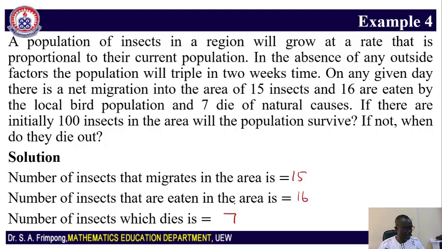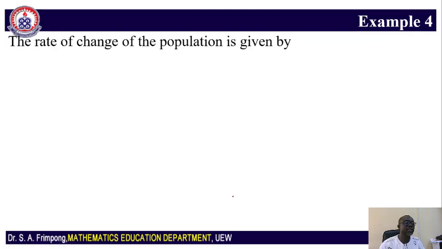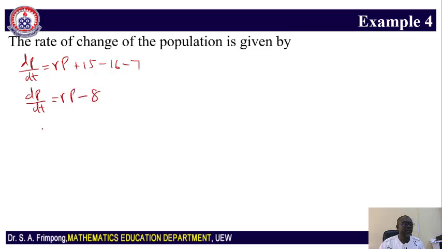So if you want to compute the rate of change of the population of the insects, we are saying that dp/dt equals rp plus 15, those which migrated in, minus 16, those which are eaten, minus 7, those who die. So we are going to have dp/dt equals rp minus 8.